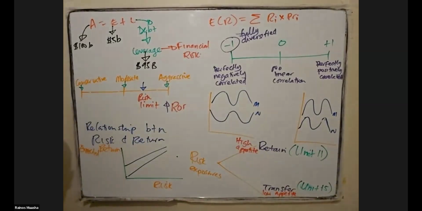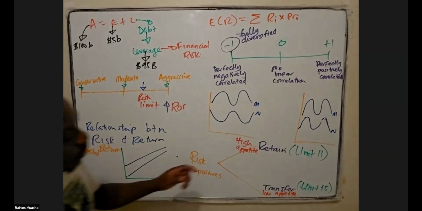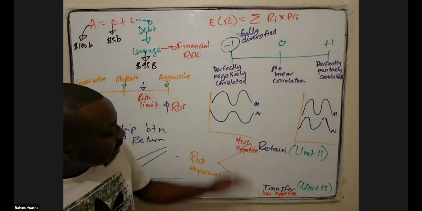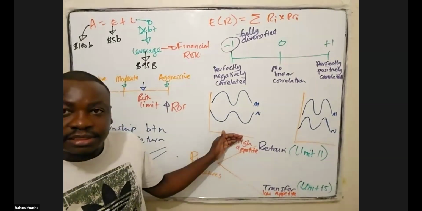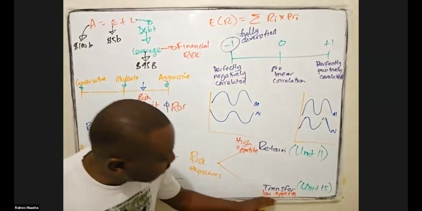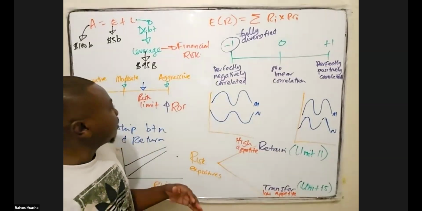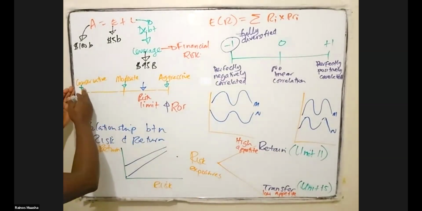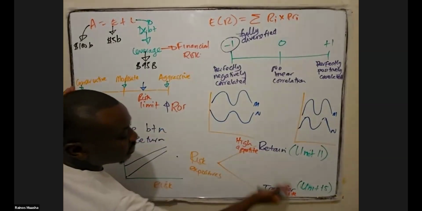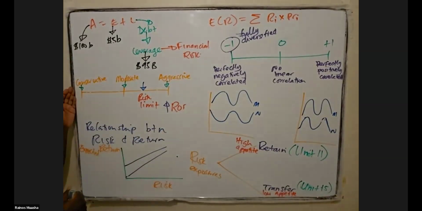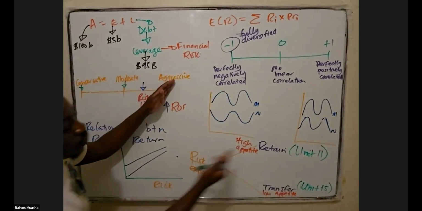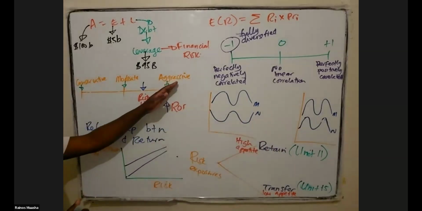Now, not all the time will you find a company with a very high appetite for risk, or a very low appetite for risk. Remember, we said your risk can be conservative, which is where you are sitting with a low appetite for risk, or it can be aggressive, which is where you are sitting at a high appetite for risk.